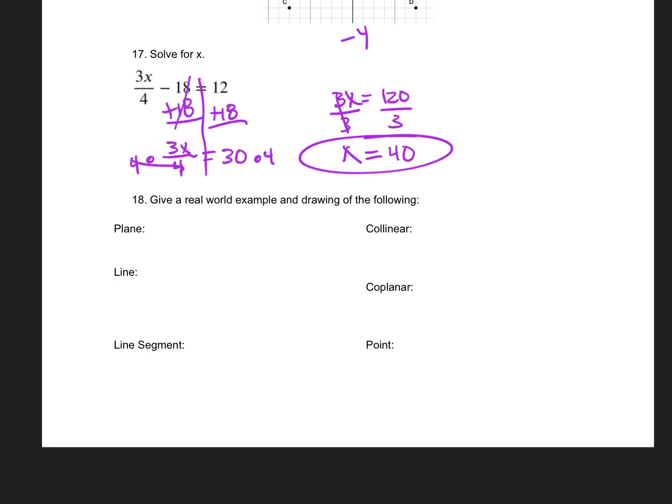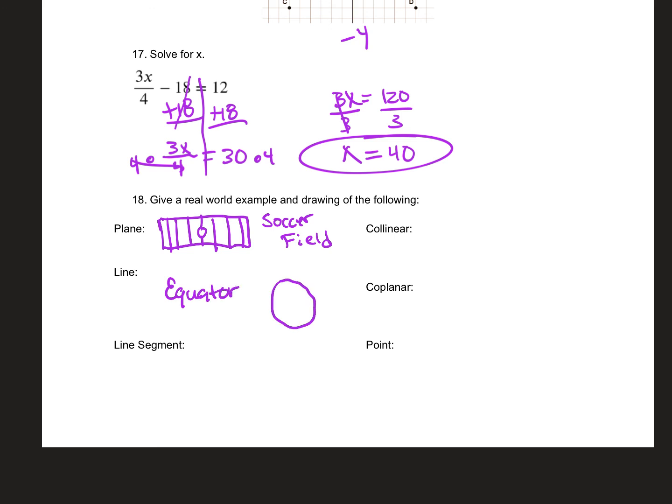All right, question 18. It says to give a real-world example and drawing of the following. All right, so a real-world example of a plane. So I'm going to go ahead and go with a soccer field. All right, so I'm going to draw this. It's going to be terrible. And so that's my soccer field. An example of a line, I'm going to go with the equator.